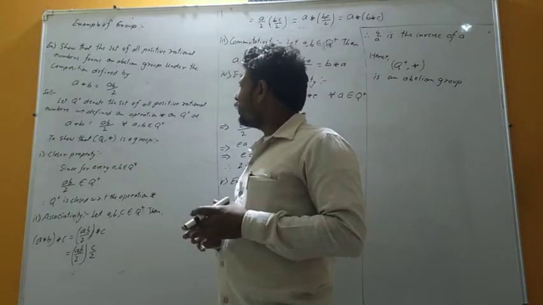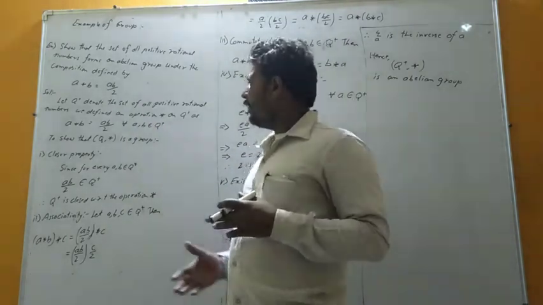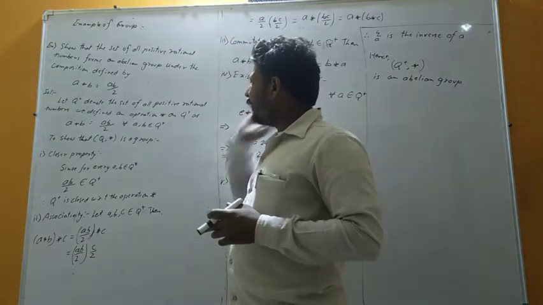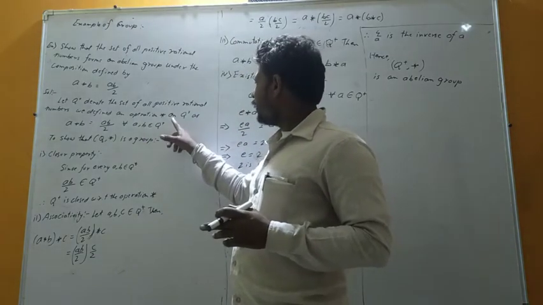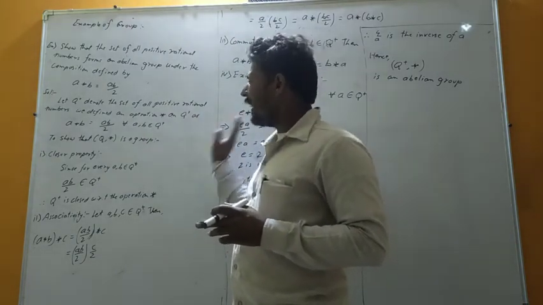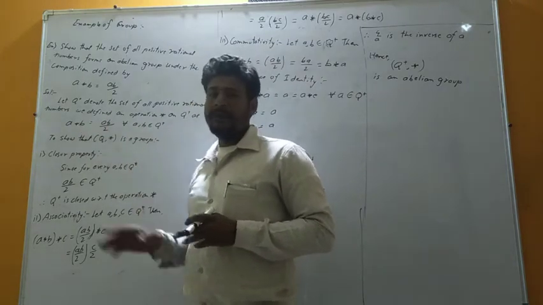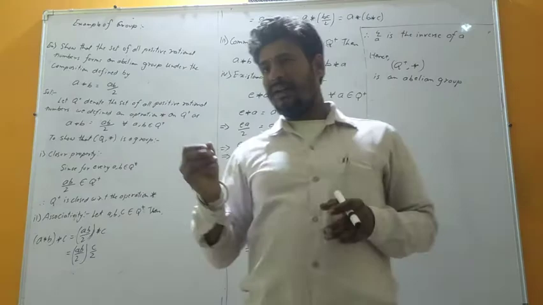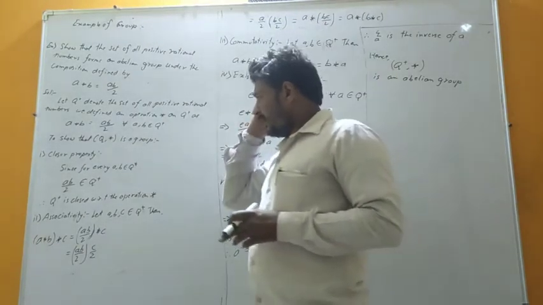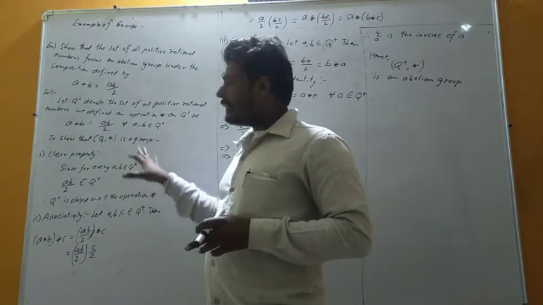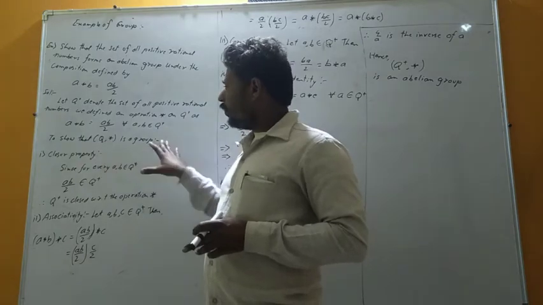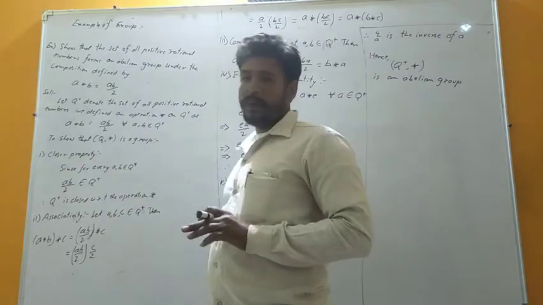Let Q plus denote the set of all positive rational numbers. We define an operation star on Q plus as a star b equals ab by 2 for all a, b belonging to the set of positive rational numbers. To show this algebraic structure is a group, we first see the closed property.